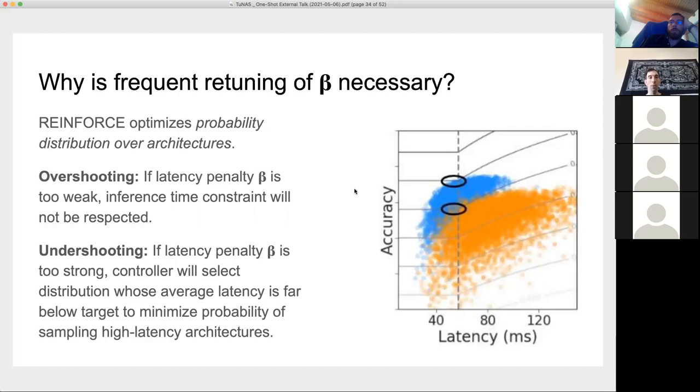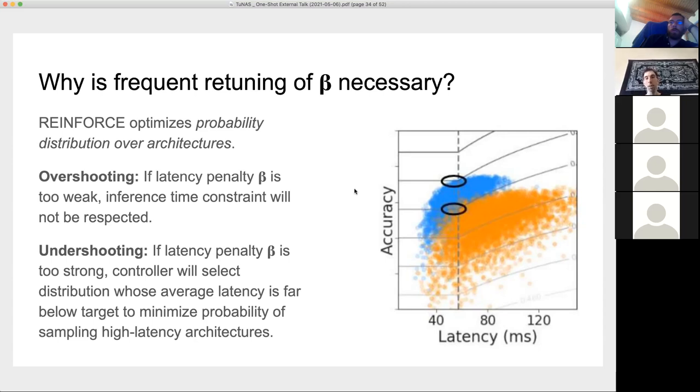But the second failure mode, I think, is the more interesting one, which is undershooting. In that mode, what happens is that we make the latency penalty too strong, which means that we penalize architectures which have latencies above the limit.